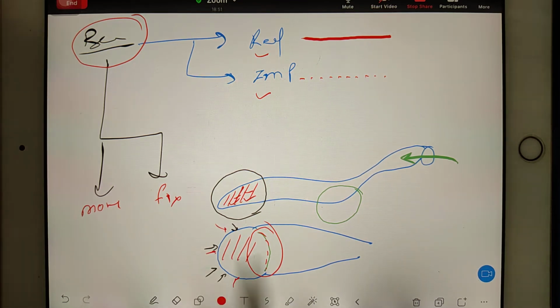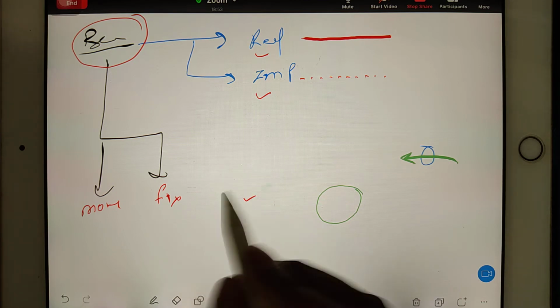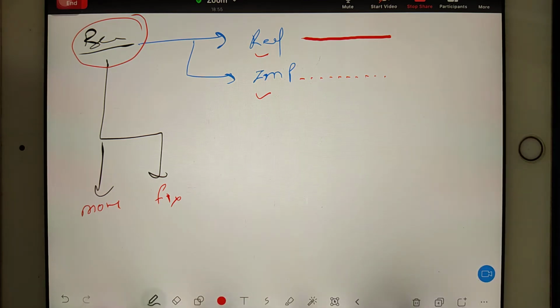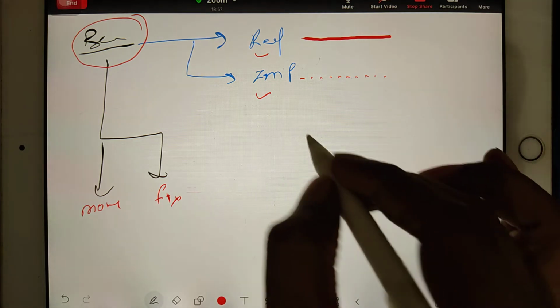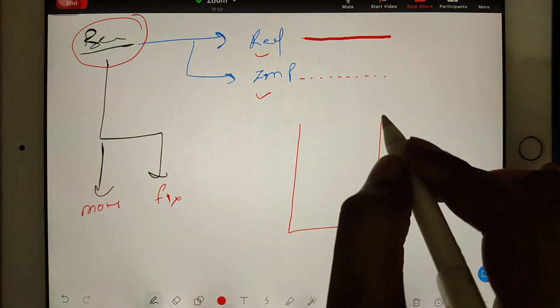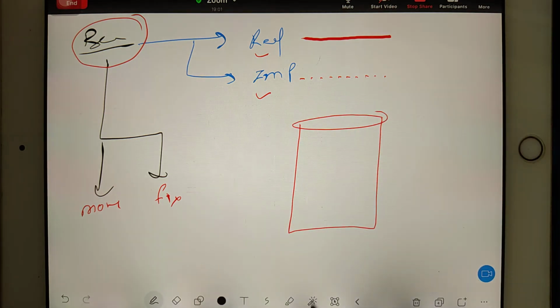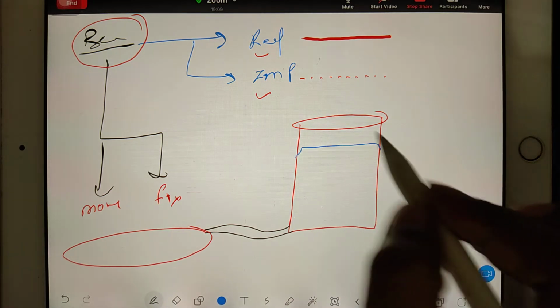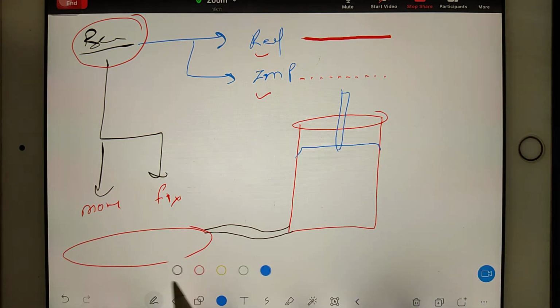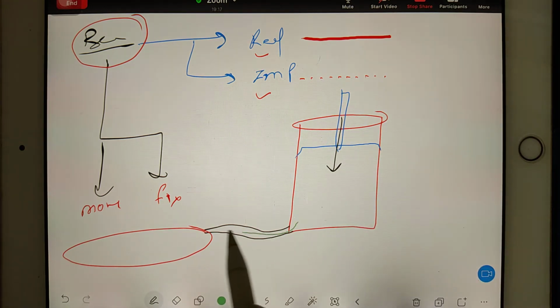Here is another example to understand real and imaginary boundaries. Suppose you have a cycle pump. In this cycle pump, this is the pipe, something like this, and we are going to fill a tube. So you have a piston cylinder arrangement here. You press this, then the air will get compressed and go here.